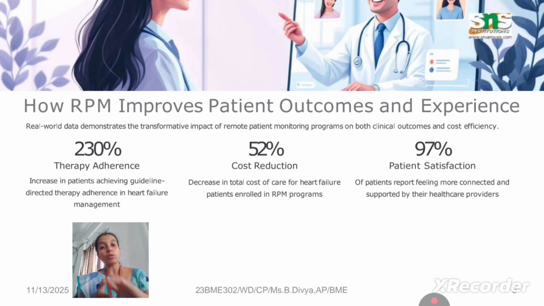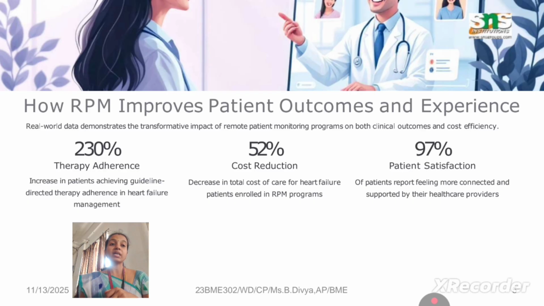Once we use these remote patient monitoring systems, a 52% cost reduction can be achieved, a decrease in total cost of care for heart failure patients enrolled in RPM programs.